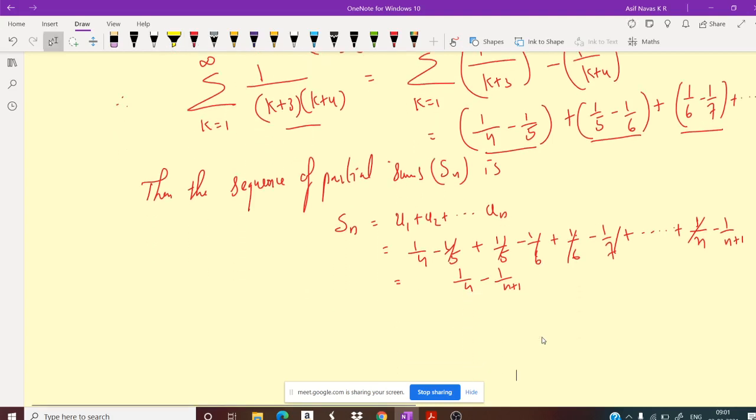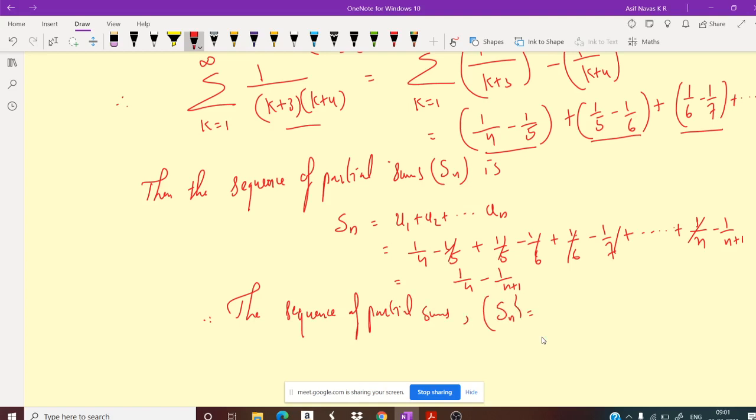So the sequence of partial sums Sn is equal to 1 by 4 minus 1 by n plus 1.